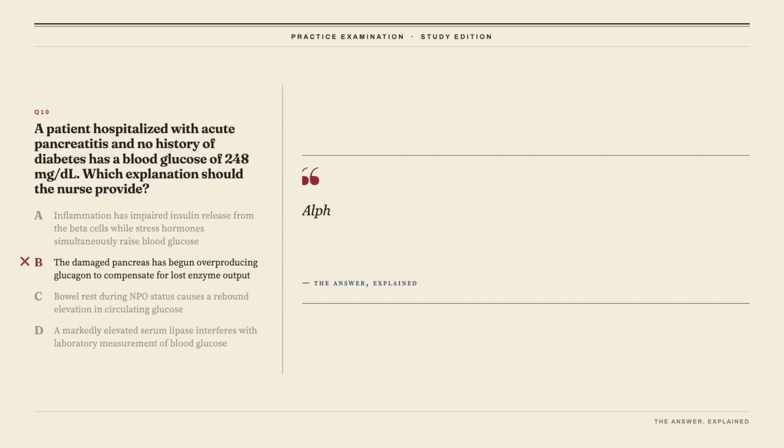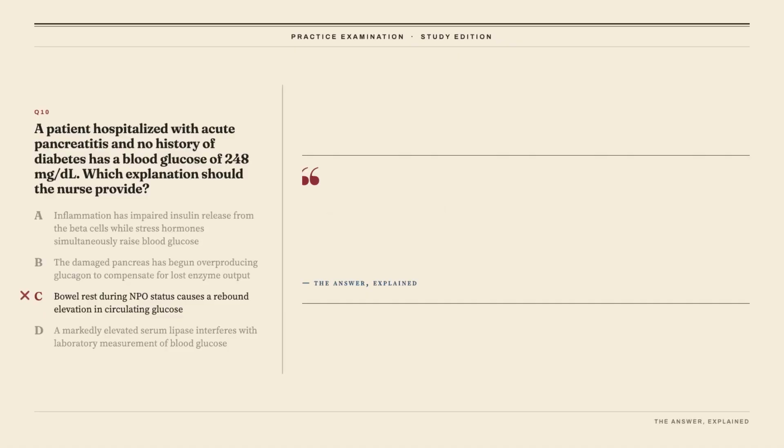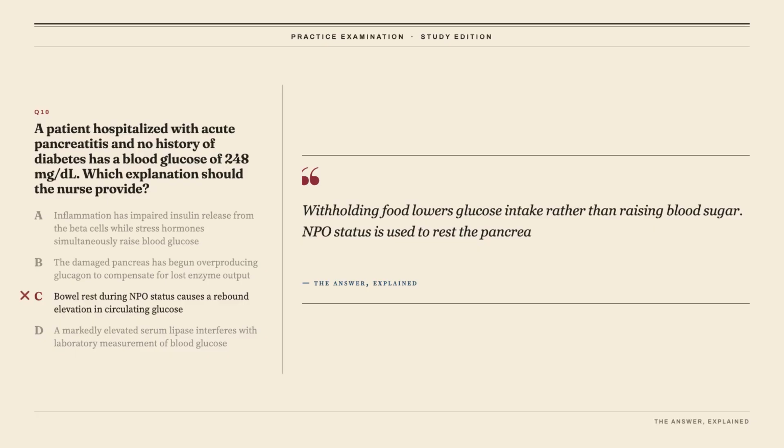B is wrong because alpha cells do secrete glucagon, but there is no compensatory glucagon surge tied to loss of digestive enzyme production. The endocrine and exocrine functions are regulated separately. C is wrong because withholding food lowers glucose intake rather than raising blood sugar. NPO status is used to rest the pancreas and does not explain hyperglycemia.